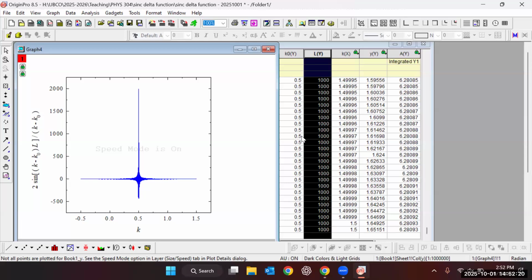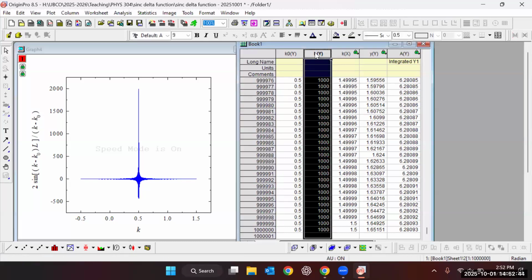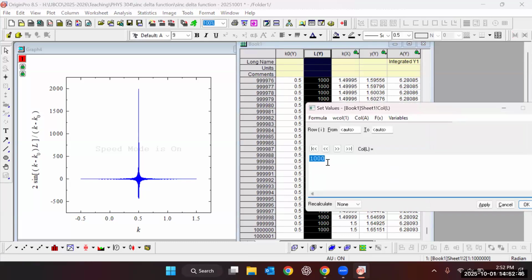All right, and so now this is getting very sharply peaked at k naught. There's very little weight outside of that, and it's very sharply spiked. However, even though the spike is very high, up above 2,000, the area is now 6.28. And so you're probably already close to convinced. I'm going to do one more here.